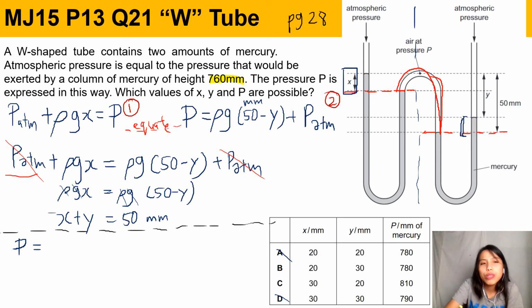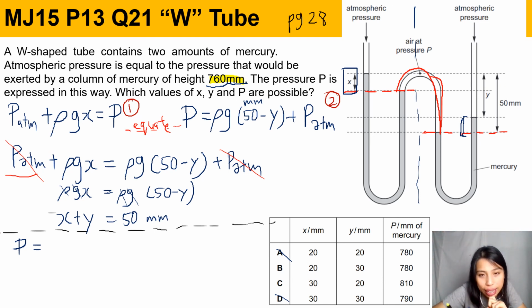Do we know the atmospheric pressure? Think about it. Actually, we do. The tip is right here. Atmospheric pressure is basically 760 millimeter of mercury pressing down on you. That is atmospheric pressure. And the other thing to note, go back to the question.